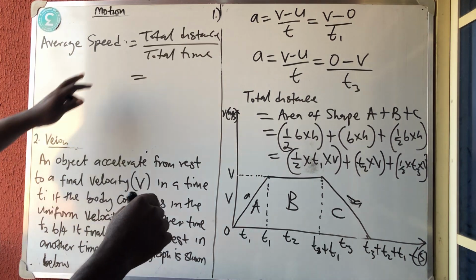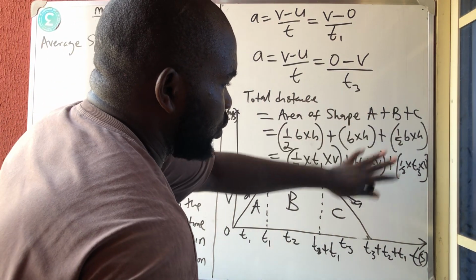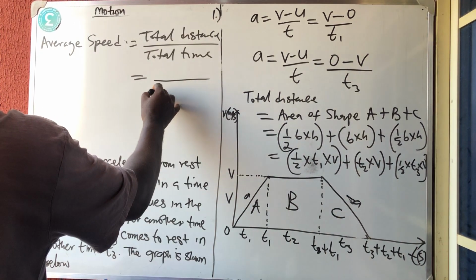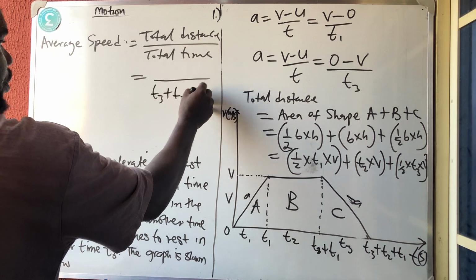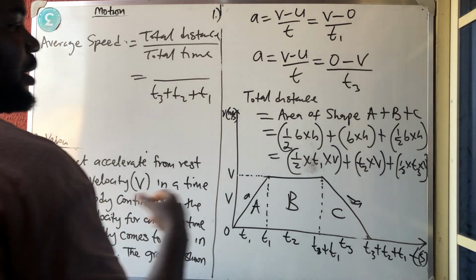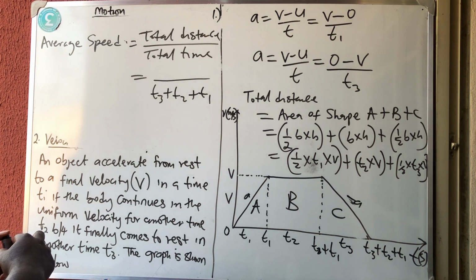The total distance is gotten from here after doing all these things, while the total time is the time I'm having here, that is T3 plus T2 plus T1. In fact, anything you are seeing at the last here is your total time. So that is that.